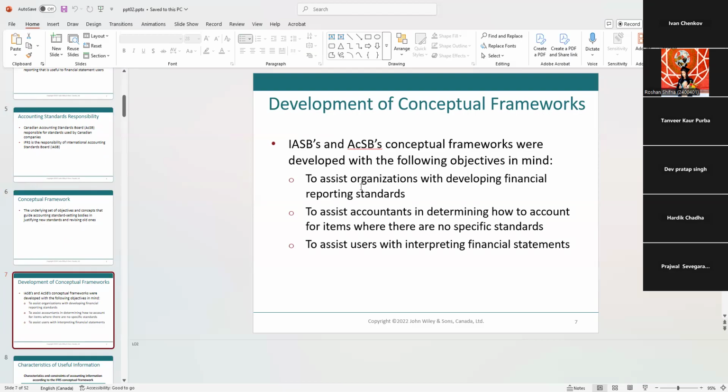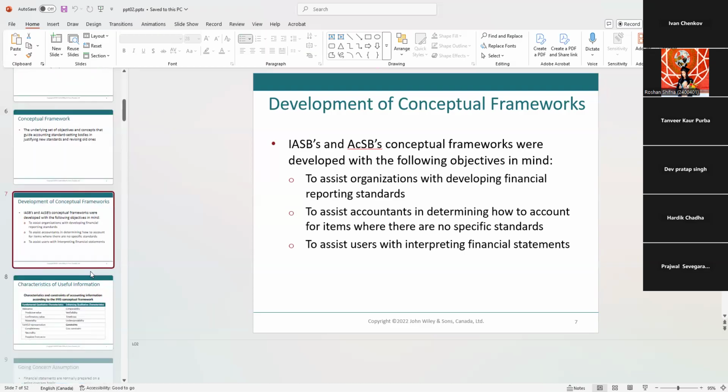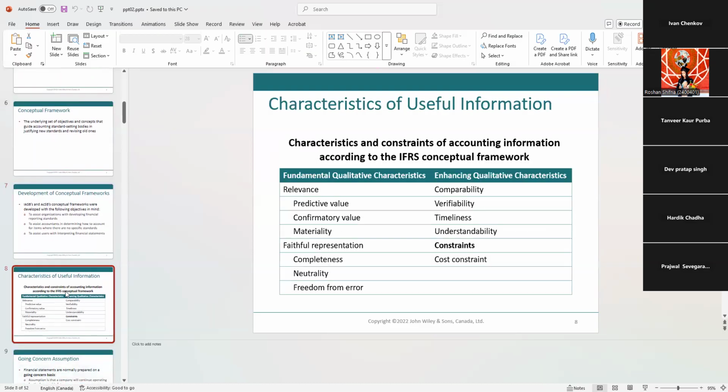That helps organizations develop their financial reporting standards, helps the council determine how to account for an item, and helps assist users in interpreting financial reports.